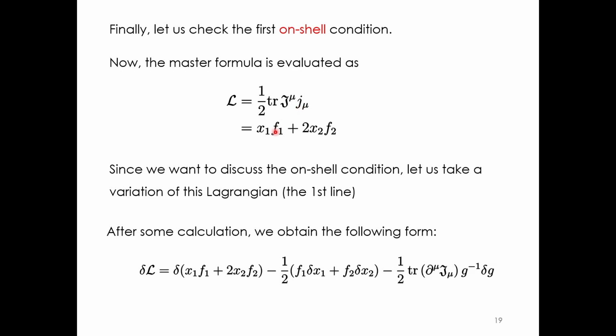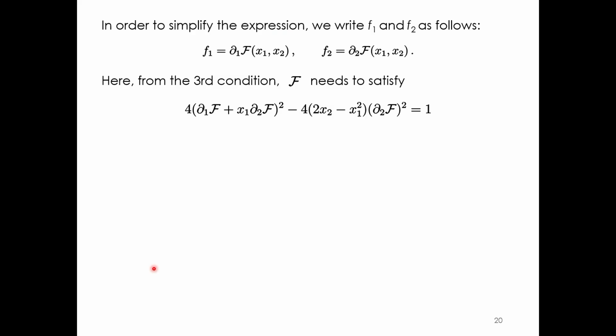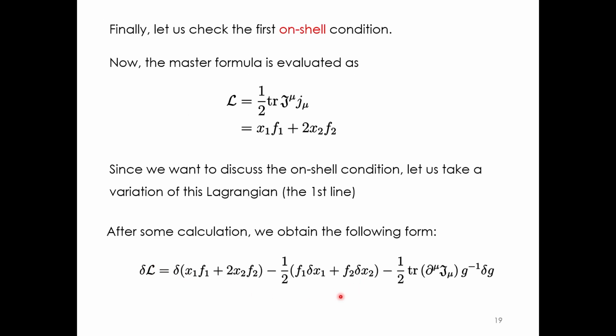After some calculations, we obtained these expressions by taking the variations of this one. This is the resulting expression of the variation of the Lagrangian. Now we have some extra pieces. This is a piece we wanted to derive, because del mu J mu equals 0 is the correct equation of motion we wanted to derive, but still we have some pieces here.